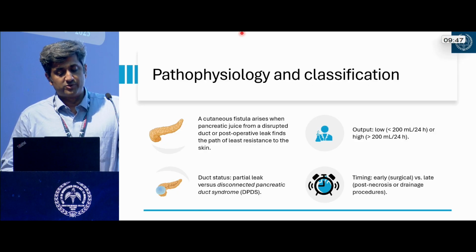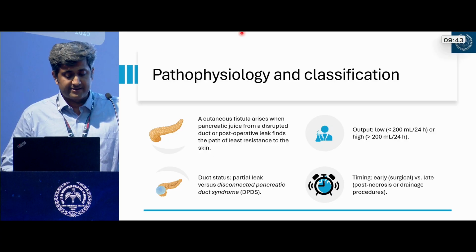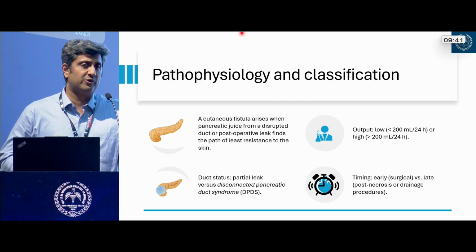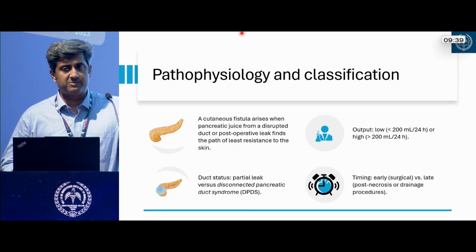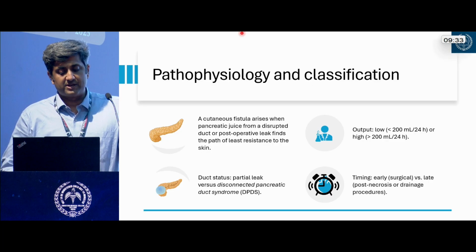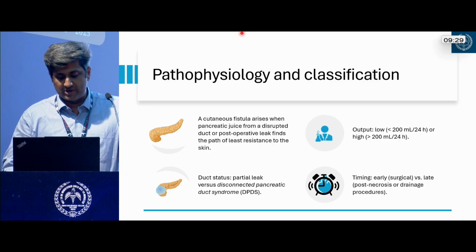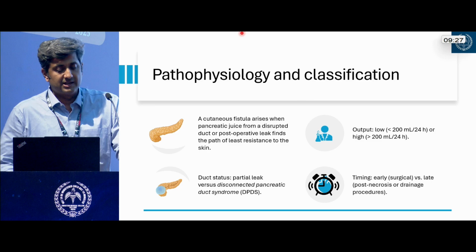The cutoff that's used is 200 ml in a 24-hour period. And it may not be so relevant to the gastroenterologist, but I think for our surgeons it may be. The timing is also, it could be early versus late. What we probably see is late, while our surgical colleagues may see it a little early on.